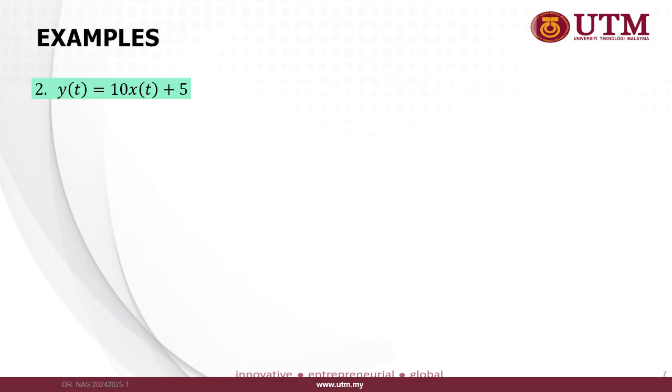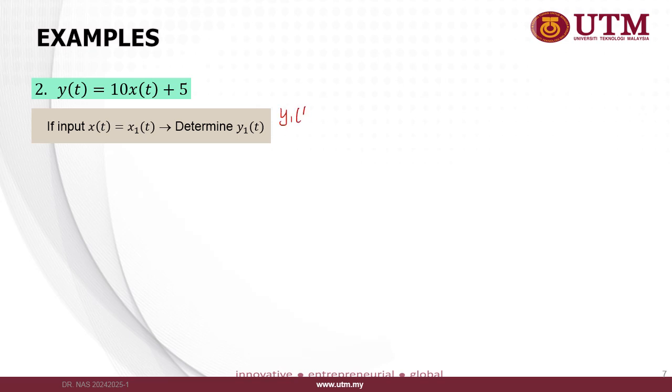Okay, let's look at the second example. Again, follow the steps as discussed earlier. Determine y1(t) when the input is x1(t). So y1(t) equals 10x(t) + 5, which is 10x1(t) + 5.